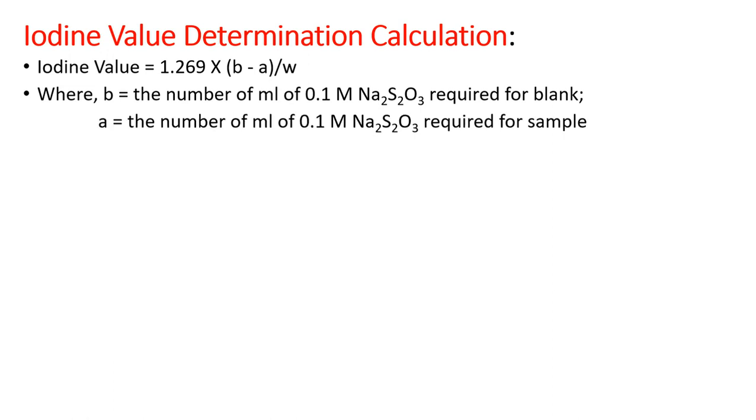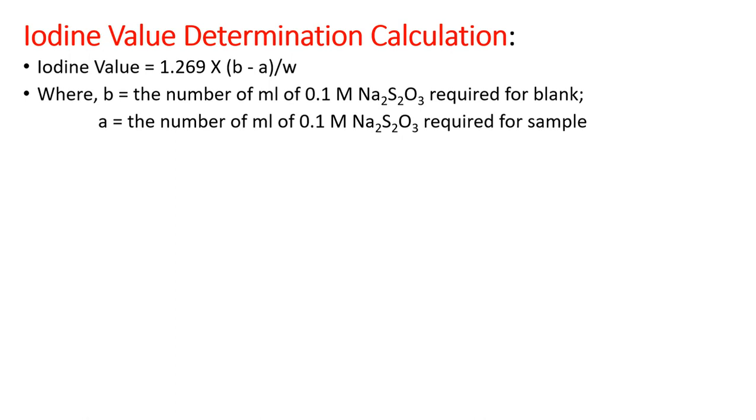Next is what we have seen in the previous slide, that is A. Add the sample, 1 gram, then all the reagents as prescribed in the process, and then carry on the titration.